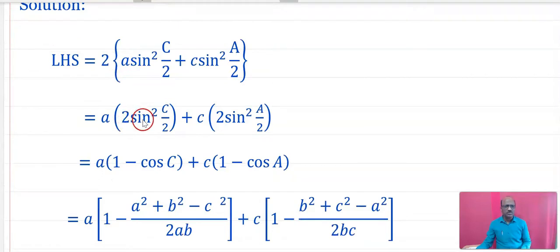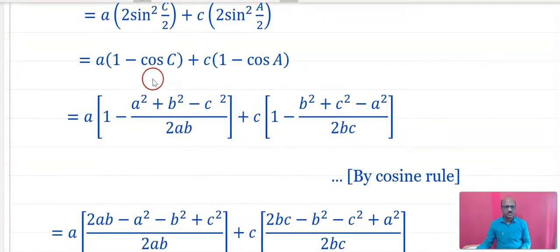But what is the value of 2 sine square c by 2? We know the formula, 1 minus cos a is equal to 2 sine square a by 2. By using this formula, 2 sine square c by 2 is nothing but 1 minus cos c, and 2 sine square a by 2 is 1 minus cos a.